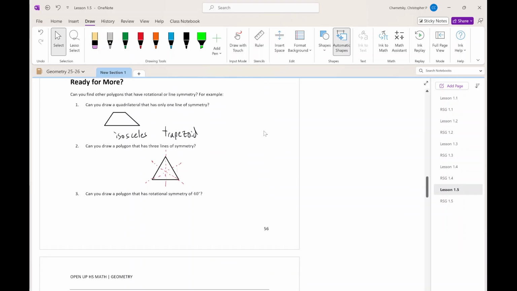Can you draw a polygon that has a rotational symmetry of 40 degrees? Okay, this is a little tricky. But let's just think about this.